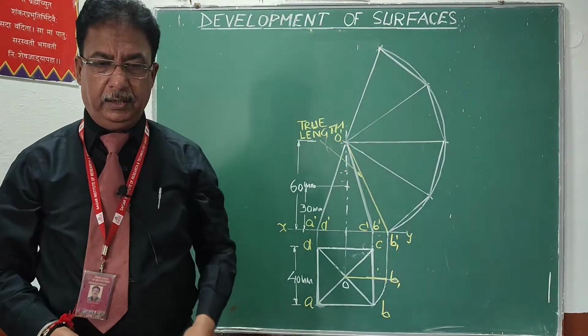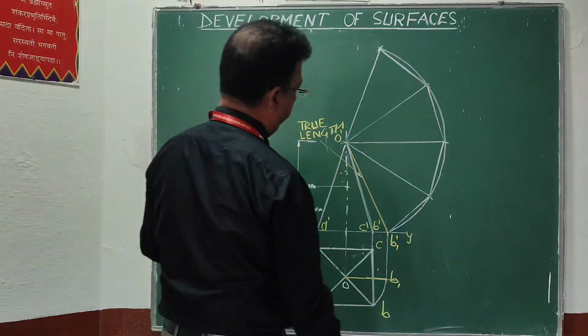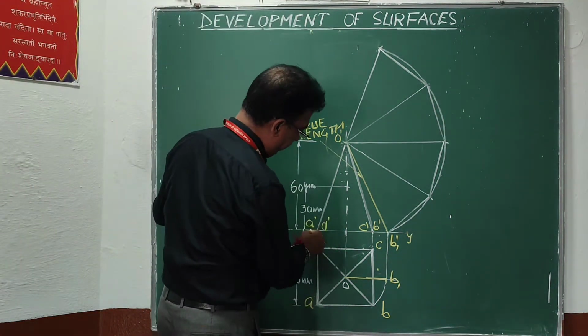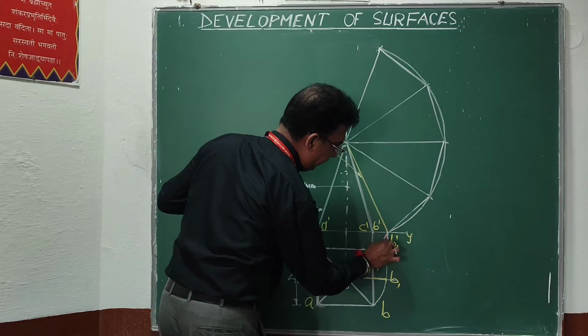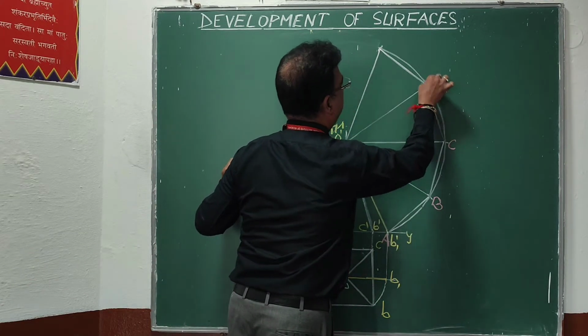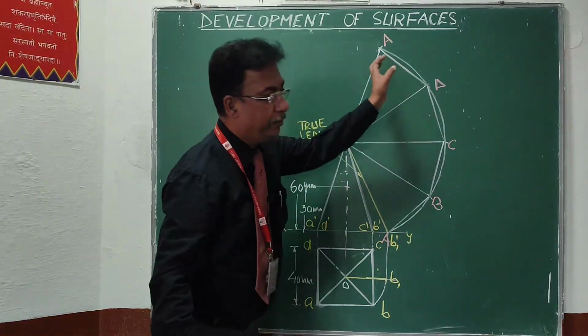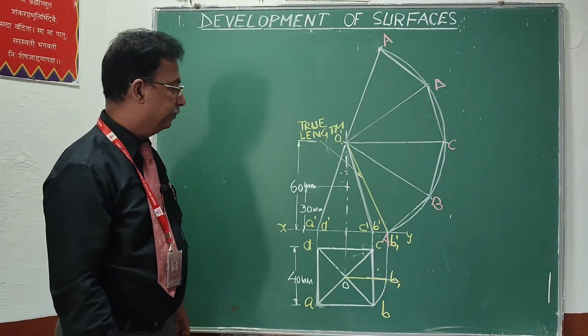So, here I got the development of this square pyramid. If I want to name these points, this point will be capital A, this will be B, this will be C, this will be D, and again back to A. These lengths are 40, 40, 40 mm. So I got 4 triangles.